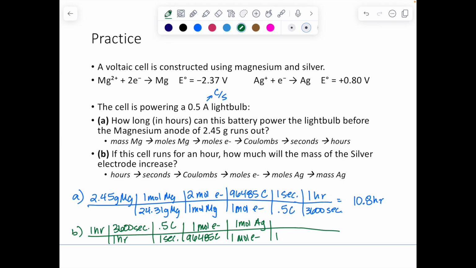And then a mole of silver, we know the mass. They're asking about the mass, so we're going to need the molar mass, which is 107.87 grams per mole of silver. So if we let the cell run for an hour at 0.5 amps, our silver electrode should increase by a mass of 2.01 grams.